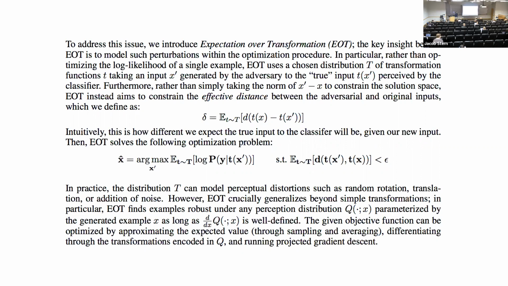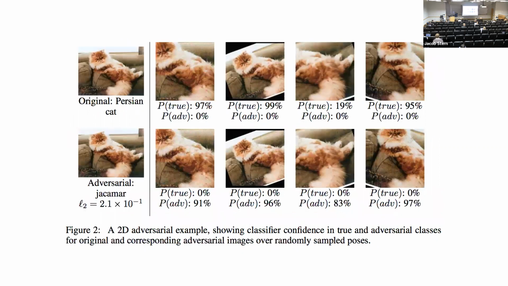And this transformation can be pretty general. In the case that they use, they take crops of an image. That's their transformation. And so they want to modify the original image such that different crops or rotations of that image are still adversarial. And they showed that they were able to do that pretty well.